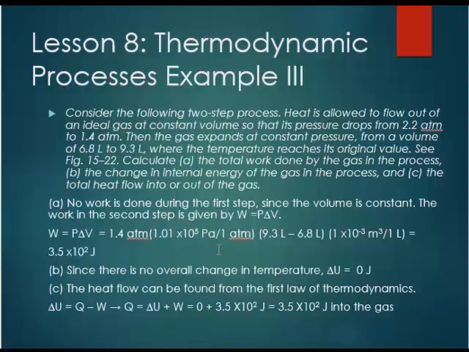If delta U equals Q minus W, which is the first law of thermodynamics, and delta U equals 0, then this goes to Q equals delta U plus W, or Q is 0 plus 3.5 times 10 to the 2 joules. The same amount of work that is done, since there is no change in internal energy, has to be heat that flows into the gas. So we get a nice step-by-step process.